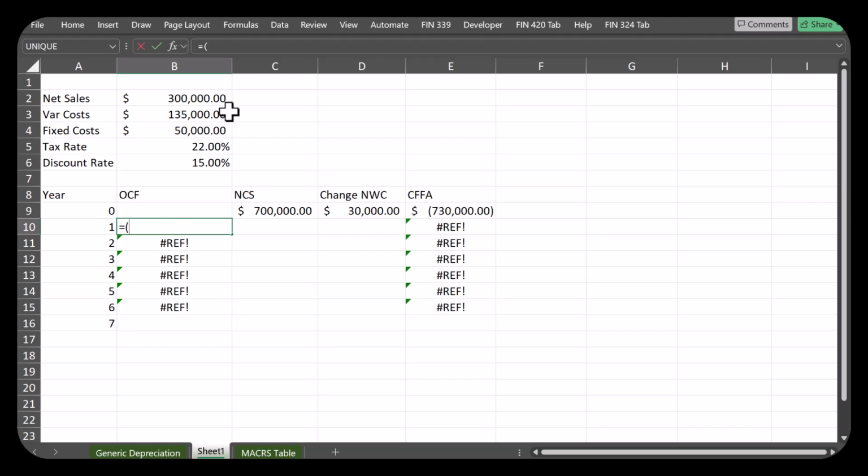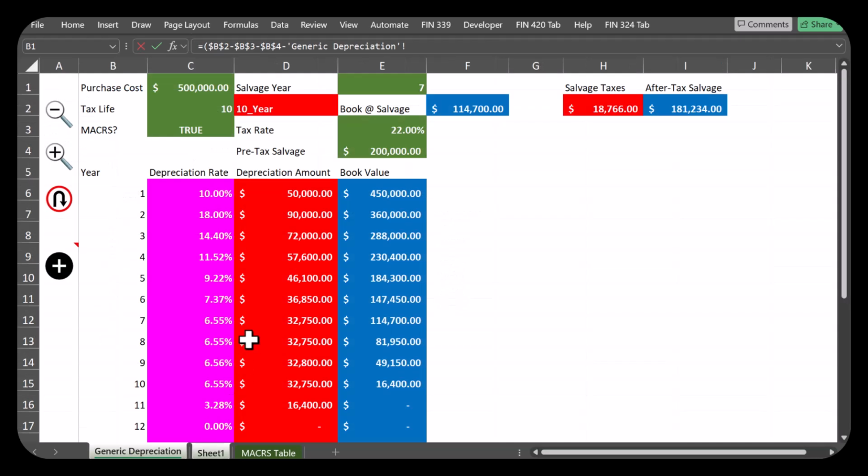That's the same for every year, so I'm going to fix it, minus variable costs minus fixed costs minus, I'm going to take the depreciation from the other page because it varies every year, times 1 minus tax rate.